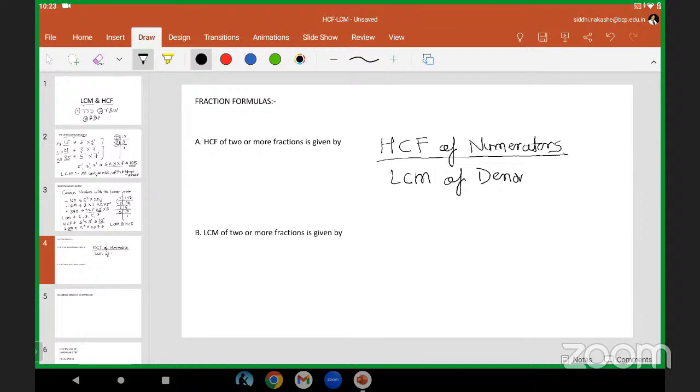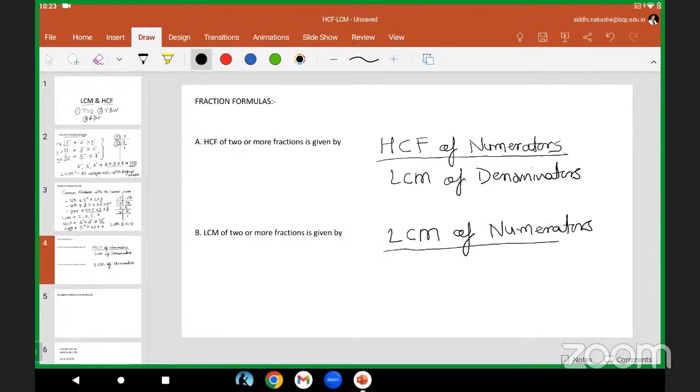So the best way to remember the formula is, if it's for HCF, the HCF will come in the numerator, and if it's for LCM, then LCM will come in the numerator. LCM of numerators upon HCF of denominators. Fine. So these are the two formulas.